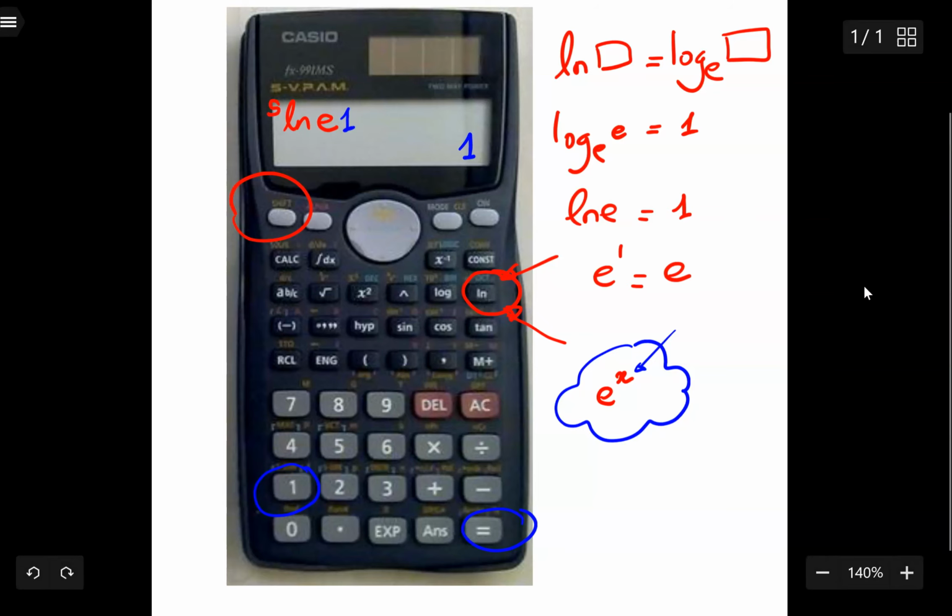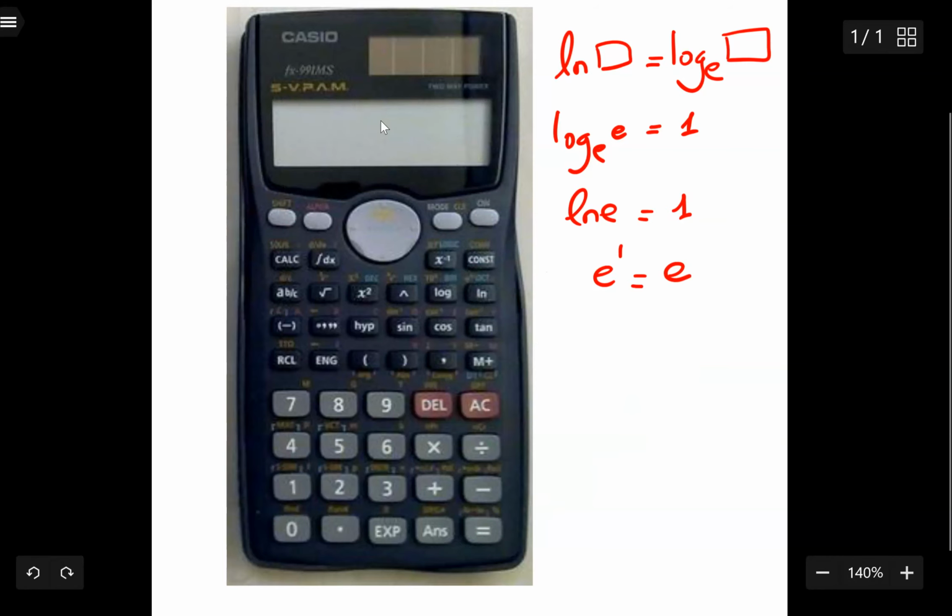If you put just ln, natural logarithm of e, and you don't put this 1 beside it, it will be an error. So try that on your calculator. Press the ln. Let me clear this for everyone. Then I will prove that if you don't do that, it will give you an error.